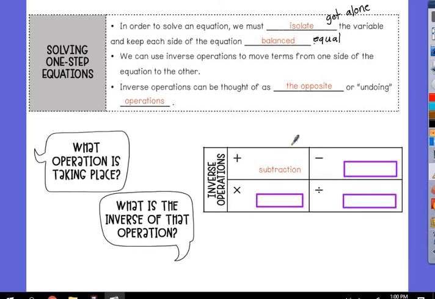Subtraction, because its opposite is subtraction. The inverse of subtraction would be addition. The inverse of multiplication would be division. And inverse of division would then be multiplication.